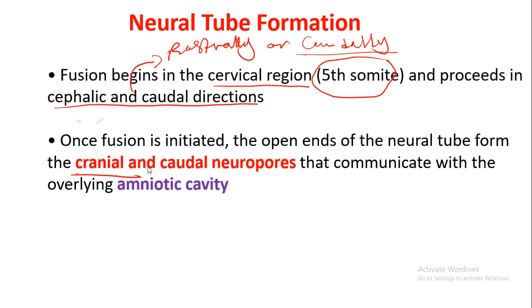Then 2 to 3 days later, the caudal neuropore is also going to close, which means on day 27 or 28, the posterior neuropore or the caudal neuropore will close.